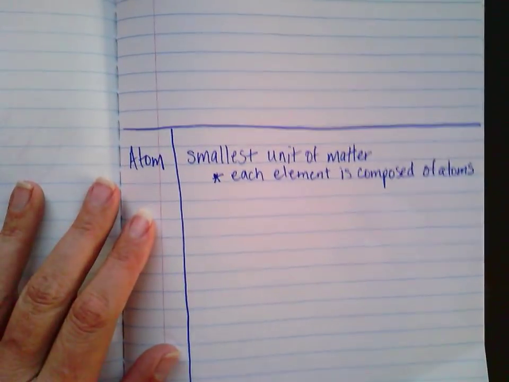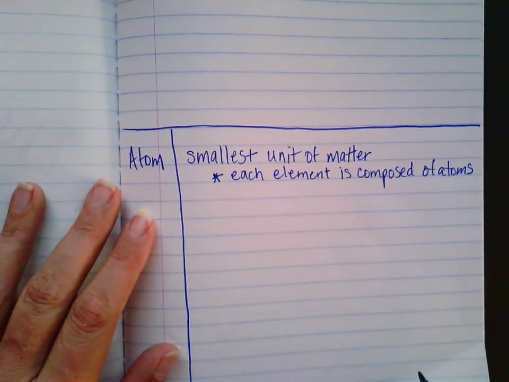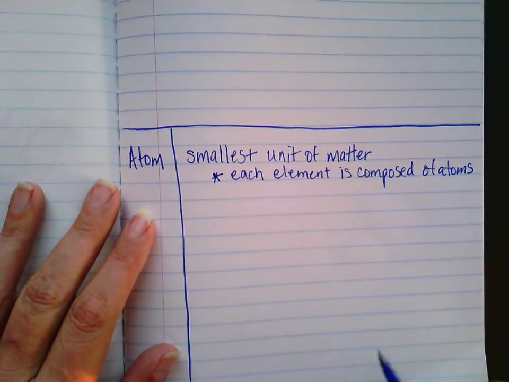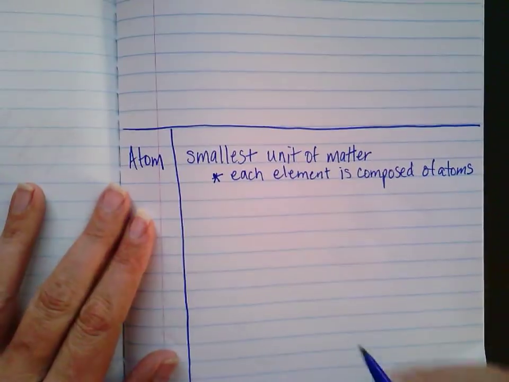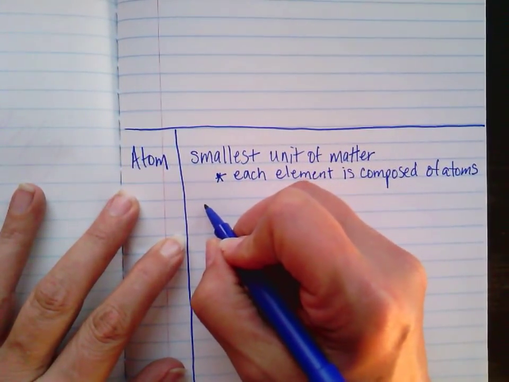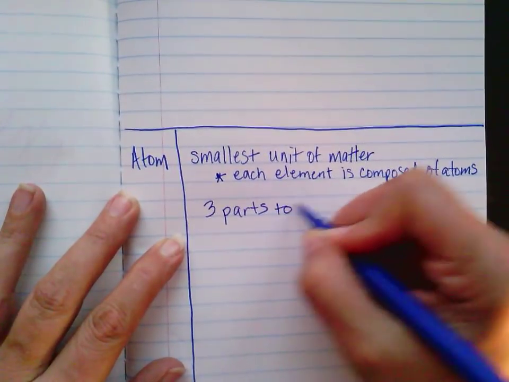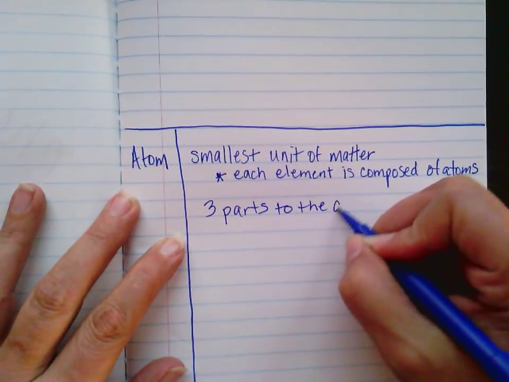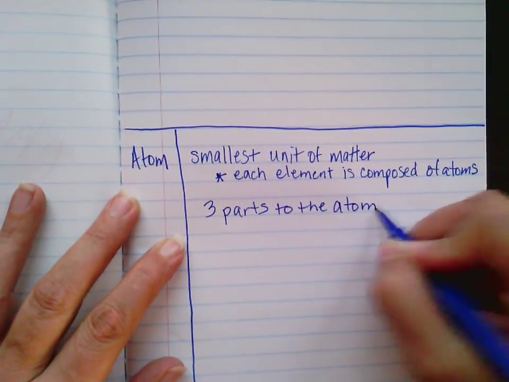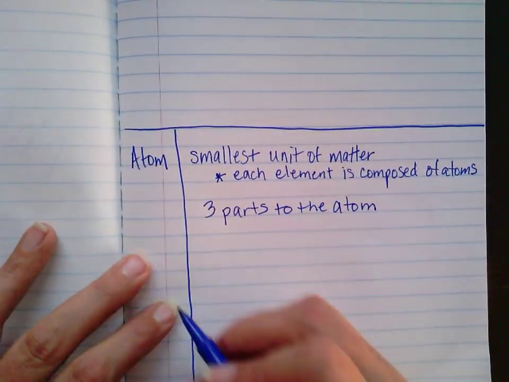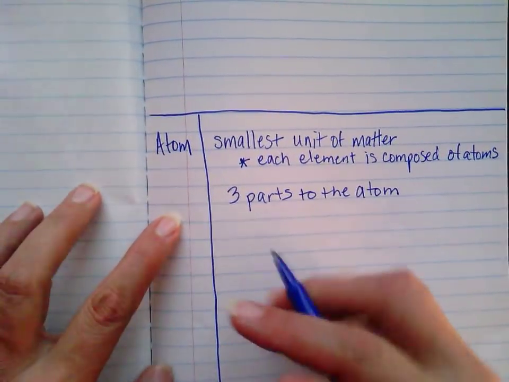So, even though that's the smallest unit of matter, what matter is made of, the atom itself has 3 other particles. So there are 3 parts to the atom. Okay? And they have another word, so we're going to write that word over here.